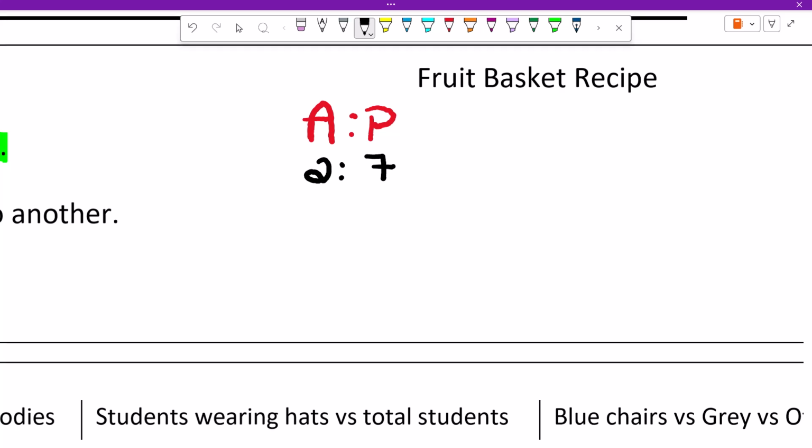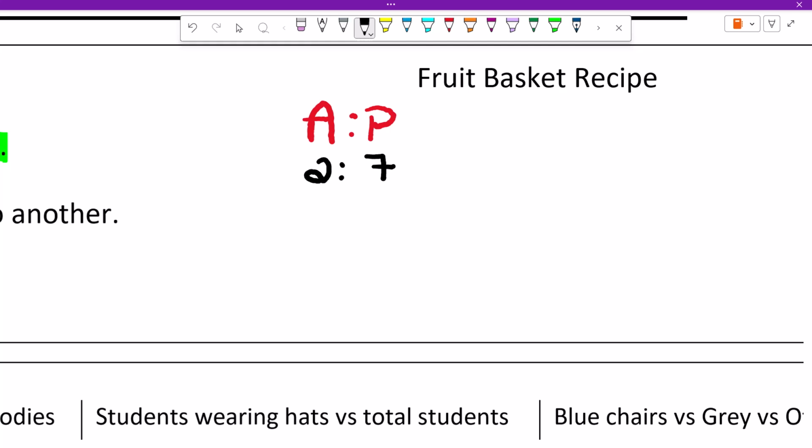So the little dots there mean ratios. This tells you what the relationship between the two things is. And on the top I wrote down that this number is for apples, this number is for pears. And suppose that is your basic entry-level fruit basket.